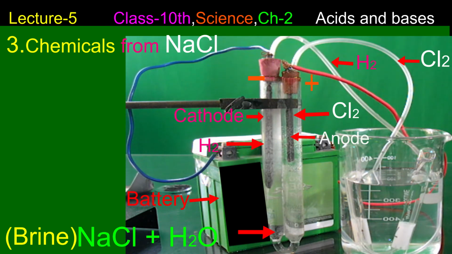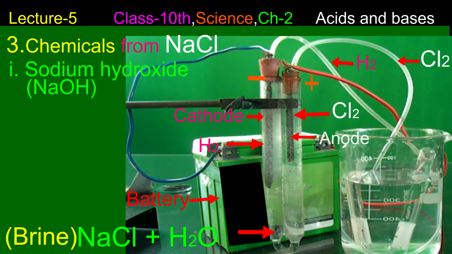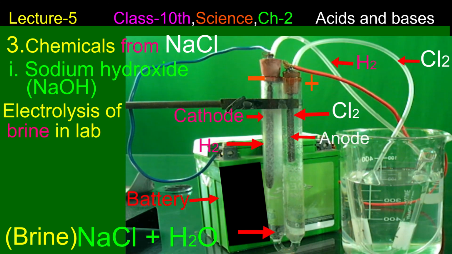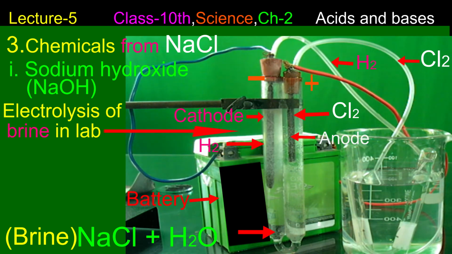Here we are discussing 4 compounds. Number 1, that is sodium hydroxide. Sodium hydroxide is a strong base which is prepared from NaCl by electrolysis of brine. Brine is aqueous solution of NaCl or sodium chloride.